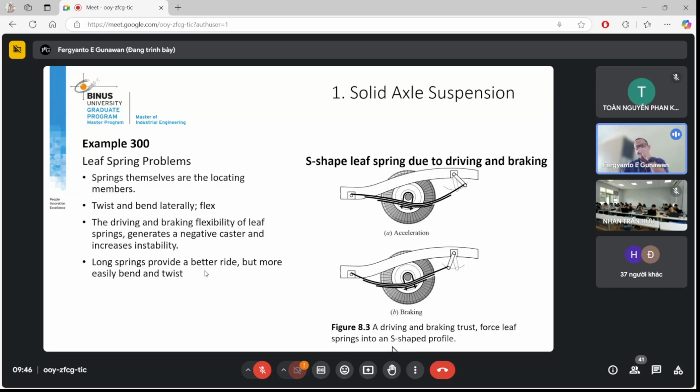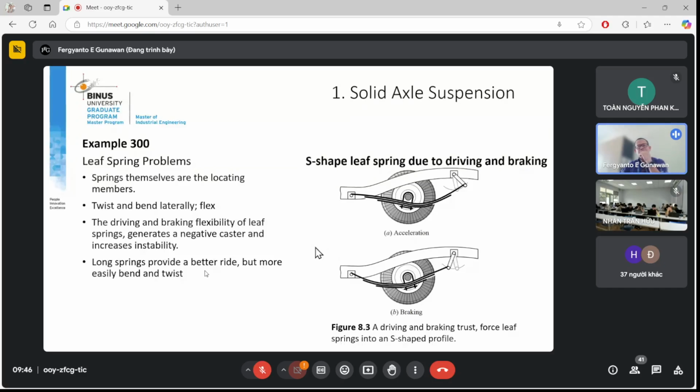However, when you brake, it takes this shape, right? So clearly we are not happy with this, because that will be a longitudinal movement of the suspension system.